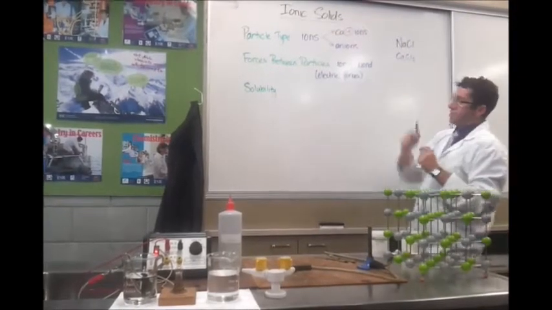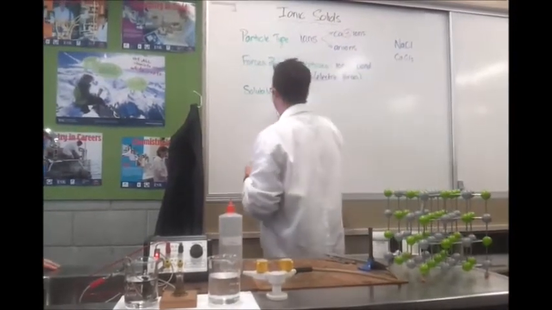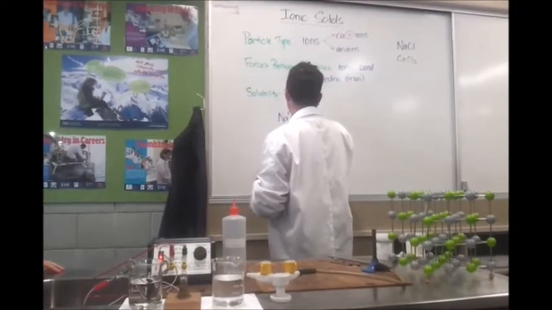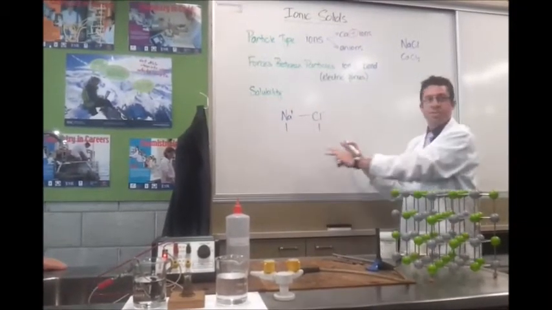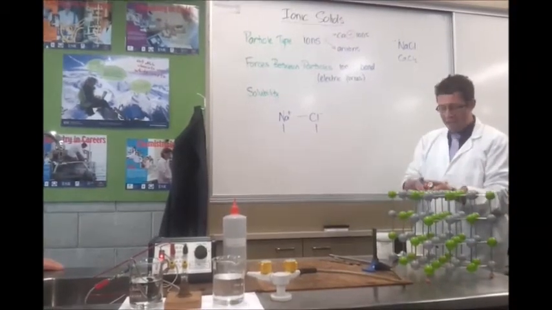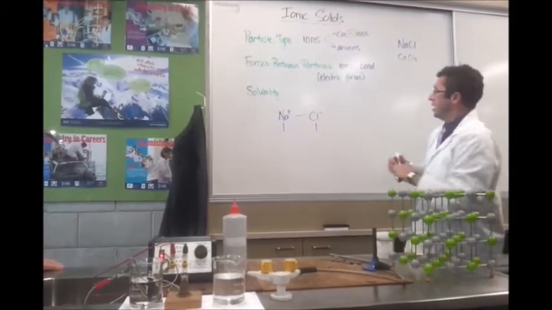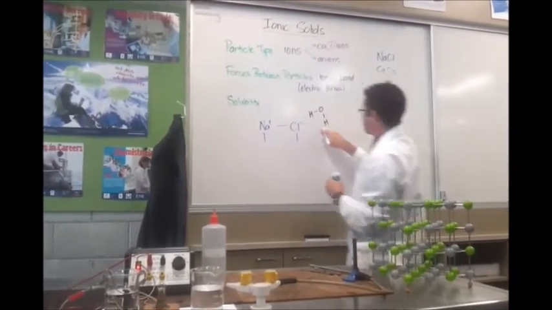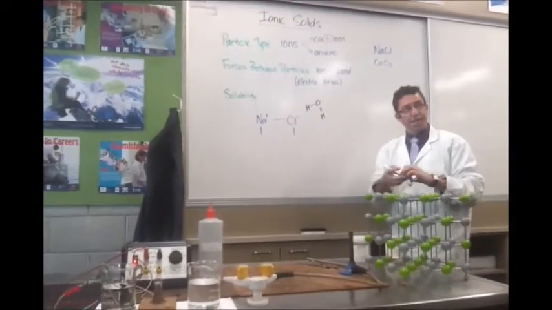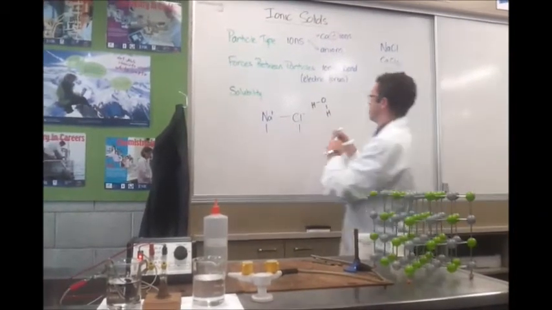Now I am going to show this as 1 Na and 1 Cl. If I've got Na plus, and then I've got Cl minus, and then these are bound to the rest of the crystal. Alright? If water comes along, the H side of it is what we call delta, lowercase delta, positive.